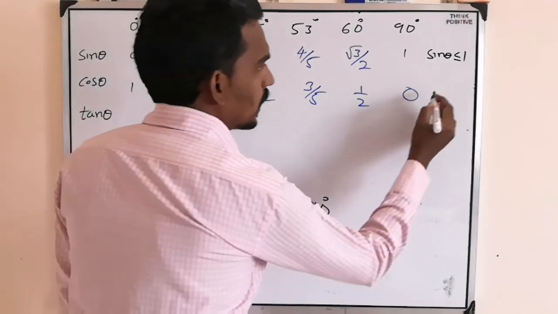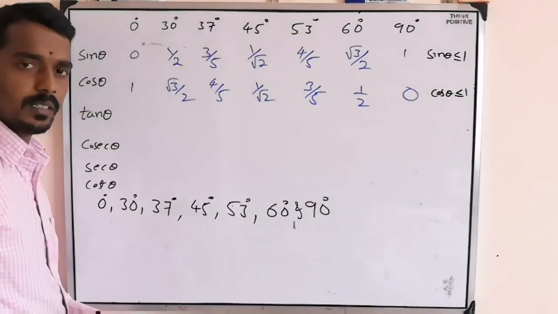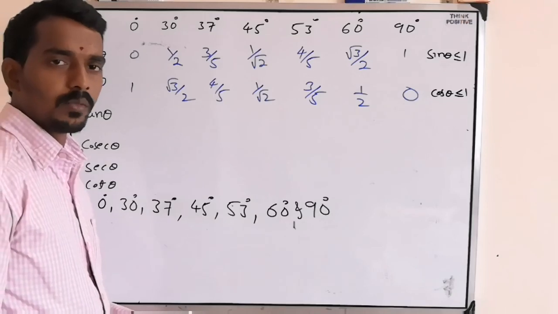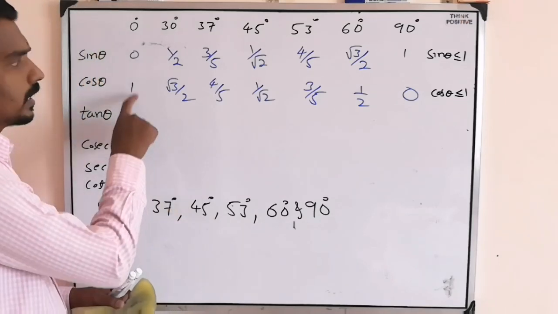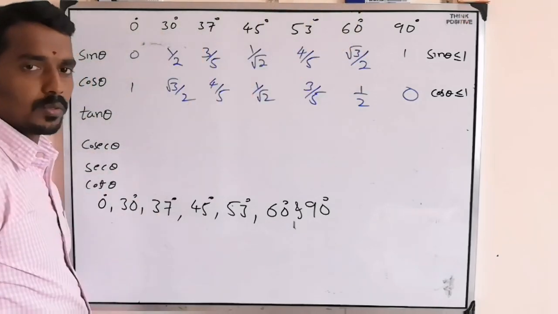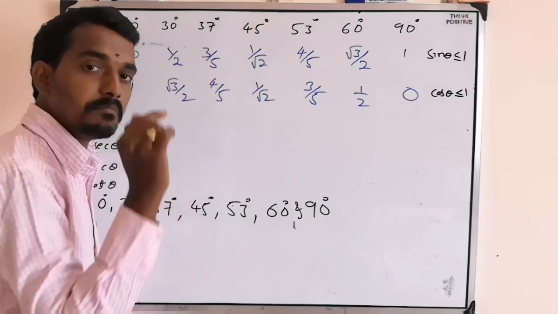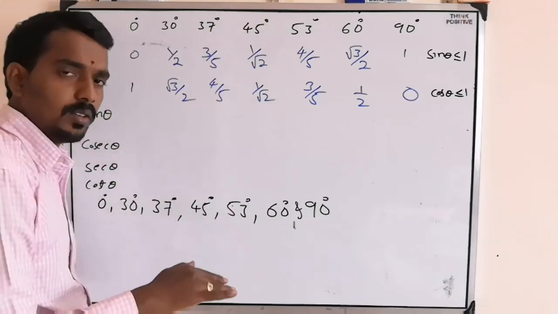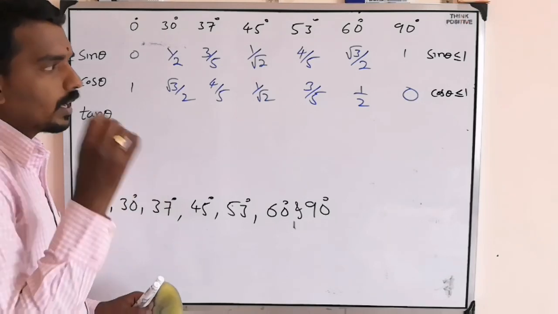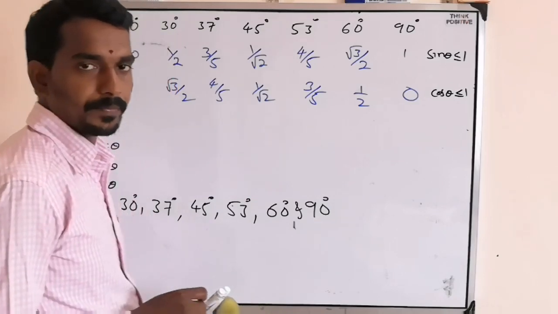So cos theta is also less than or equal to 1. Cos theta never becomes greater than 1. But the difference is, as theta increases from 0 to 90, the sin theta value increases, but the cos theta value decreases.